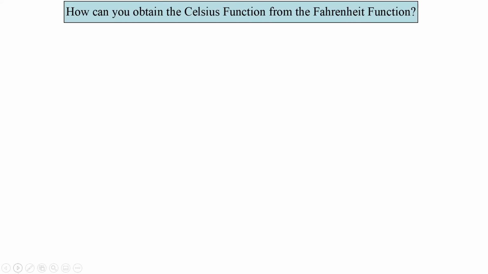Okay, so how can you obtain the Celsius function from the Fahrenheit function? Well, in a way, we've essentially already done it, all right? We put them into function notation and we interchange the variables. So if I have the Fahrenheit function and I want the Celsius function, what am I going to do?